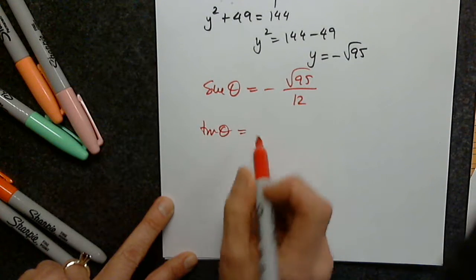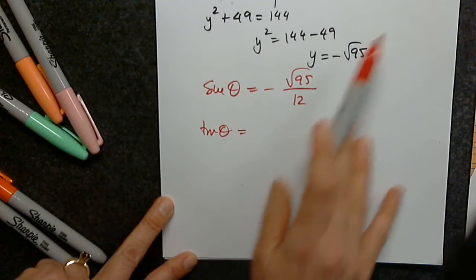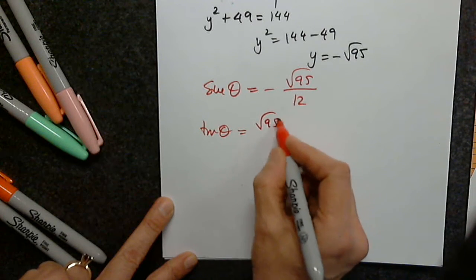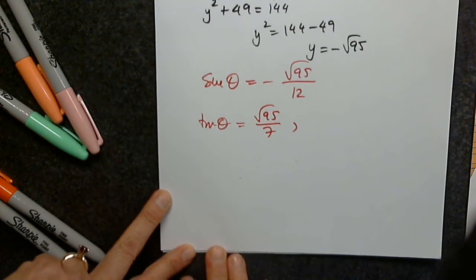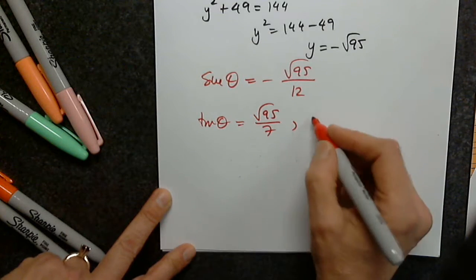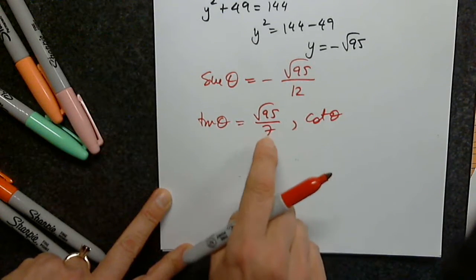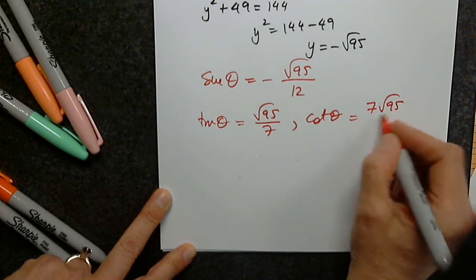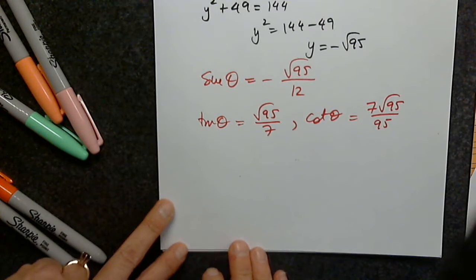Tangent will be this over this, which will be the square root of 95 over 7. Cotangent, I will reverse this, so this is 7 square root of 95 over 95 after I rationalize.